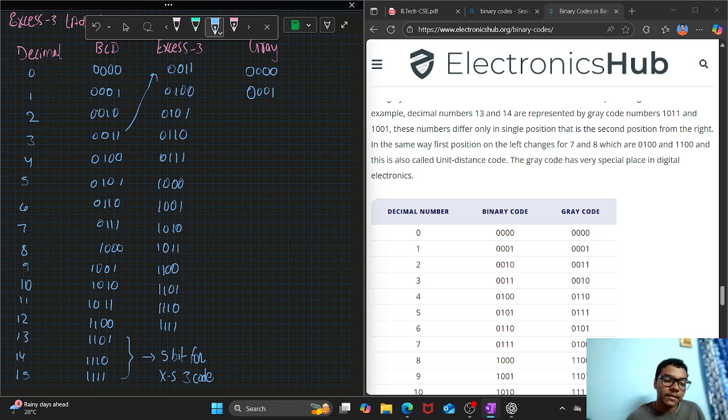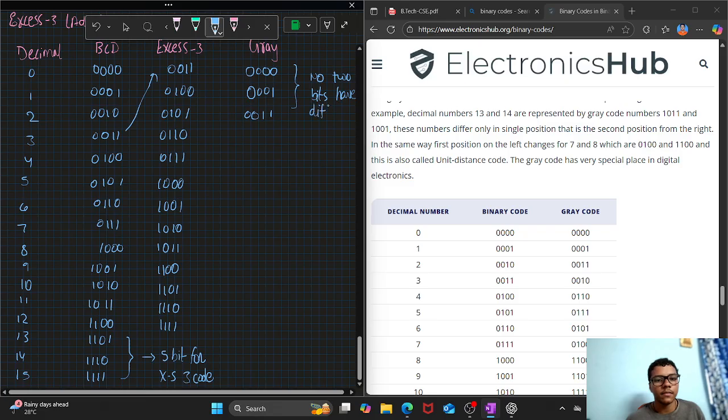If you look here, you will understand the difference. 0 and 0 plus 0 is 0, and 0 plus 1 is 1. So this is the gray code. And if you look at this, no 2 consecutive codes have a difference of more than 1 bit.